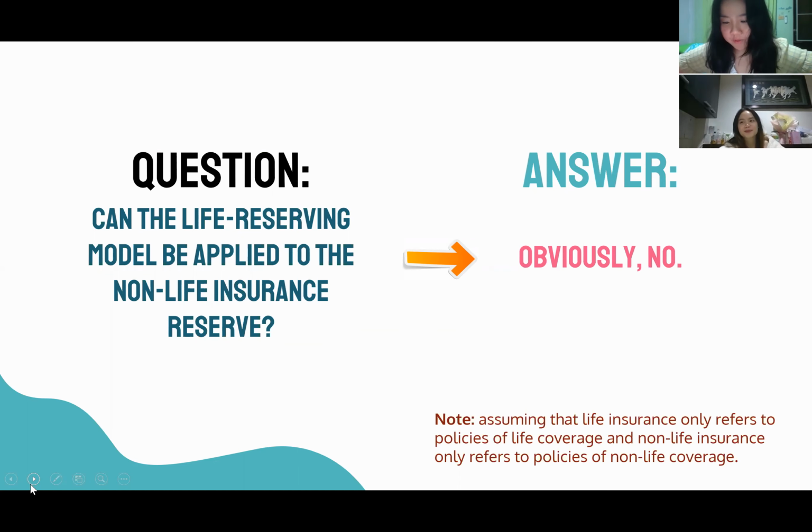This statement is true if we consider claims of life insurance to be about the death of the insured and the claims for non-life insurance not to be about death. Also, let's assume that life insurance companies only have policies of life coverage and non-life insurance companies, on the other hand, only have policies for non-life coverage.